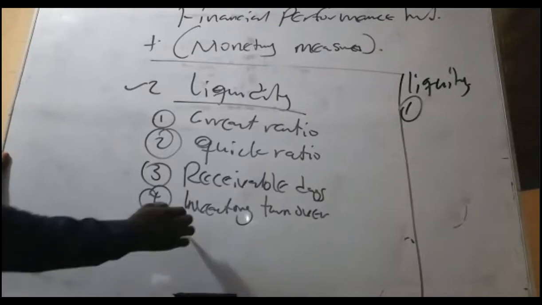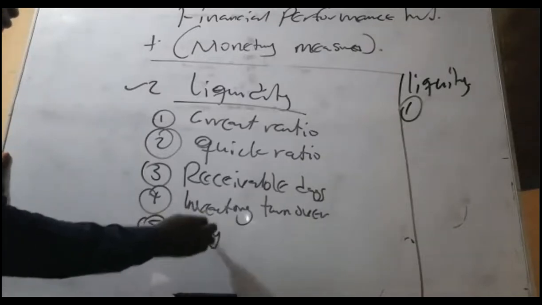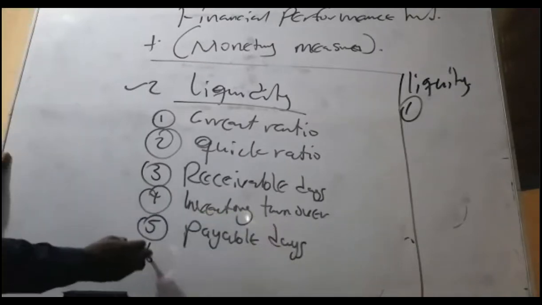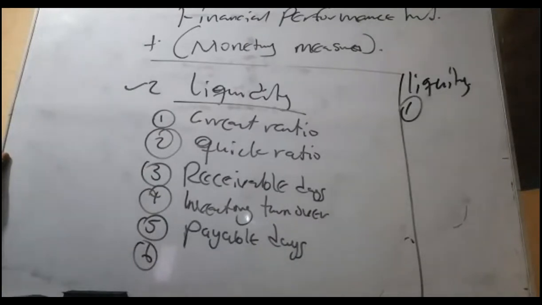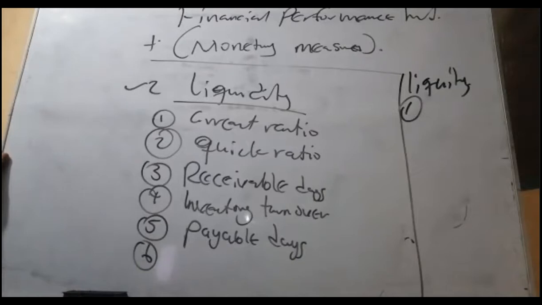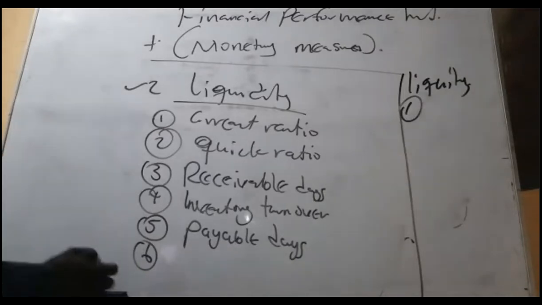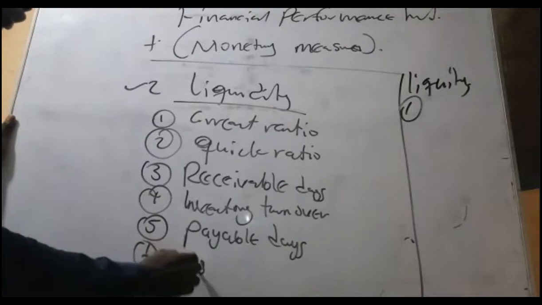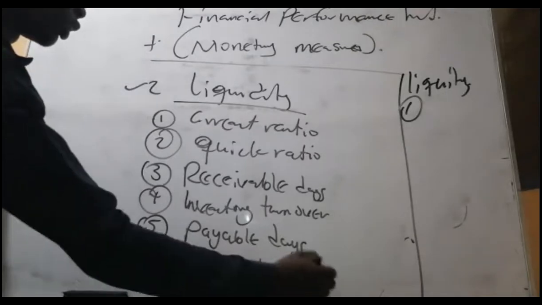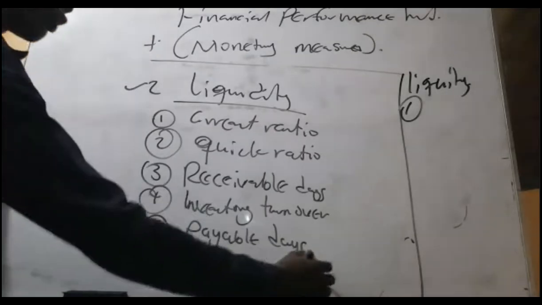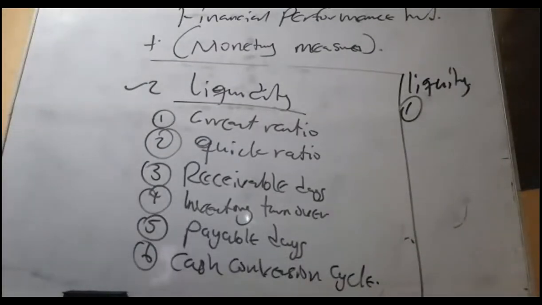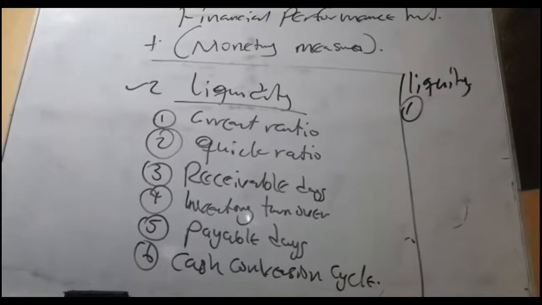Five, we can use payable days. We can also use the net operating cycle or CCC, the cash conversion cycle. Or you can also call it the net operating cycle.